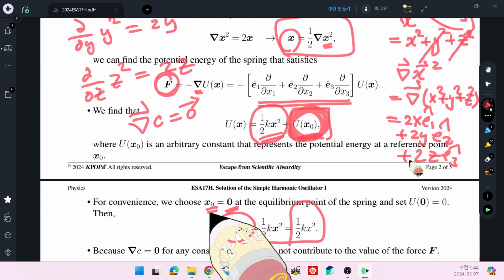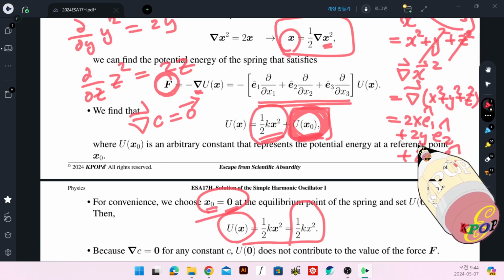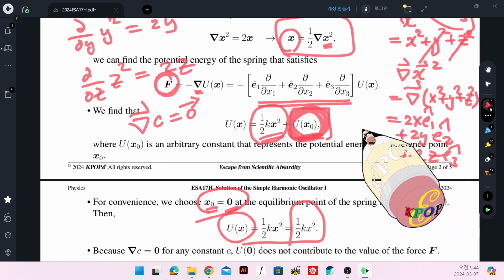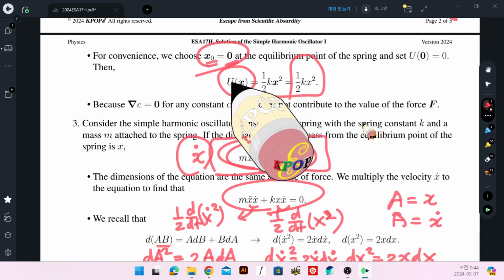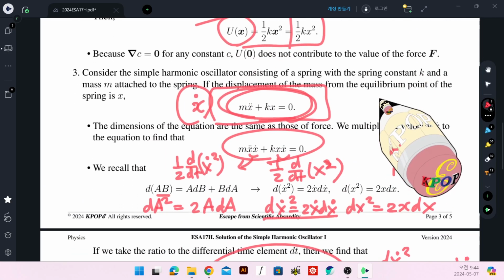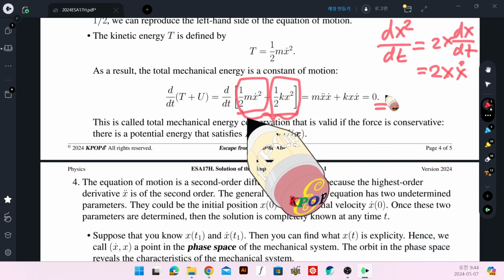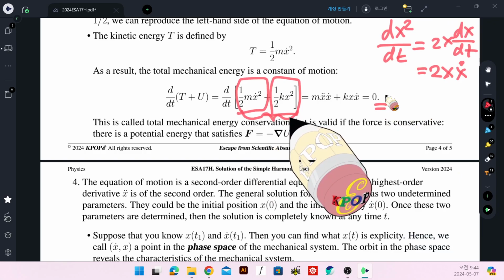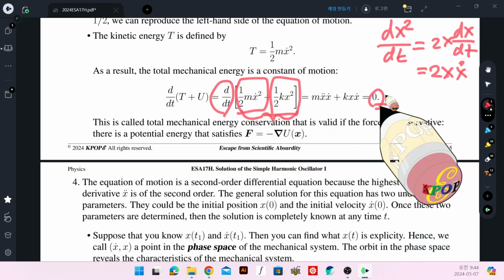And we have chosen the reference point for the potential energy to be the equilibrium position of the spring, whose value was chosen to be 0. Finally, the sum of the kinetic energy and the potential energy has a time derivative of 0.